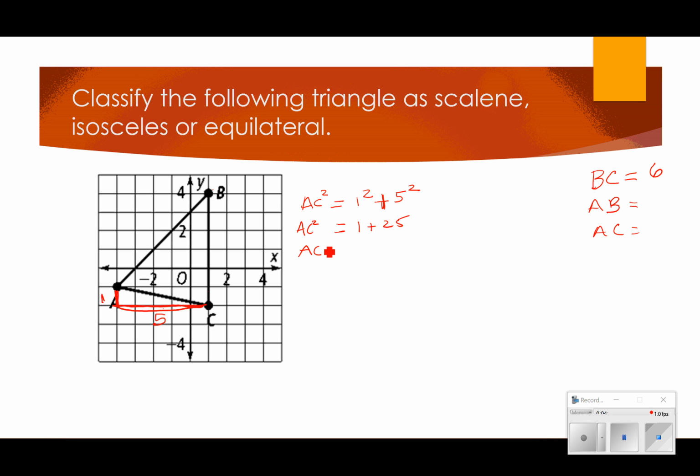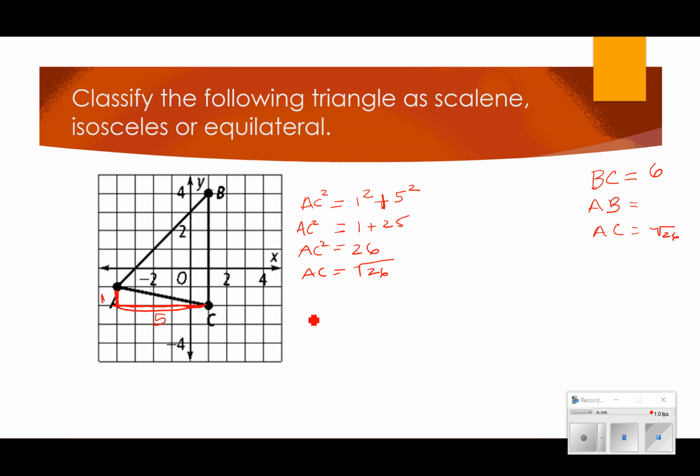AC squared is going to equal 26. And when I take the square root of both sides, I'm just going to leave it as the square root of 26. Please notice how nice and neat it is, and everything's labeled. So I'm not doing work all over the place. You're not doing this work just for you. You're doing this work to prove something to somebody.